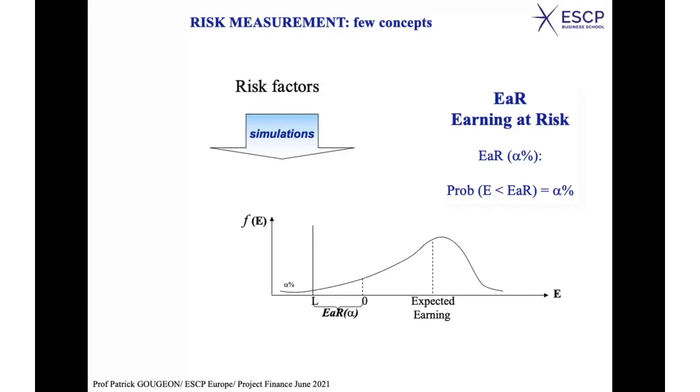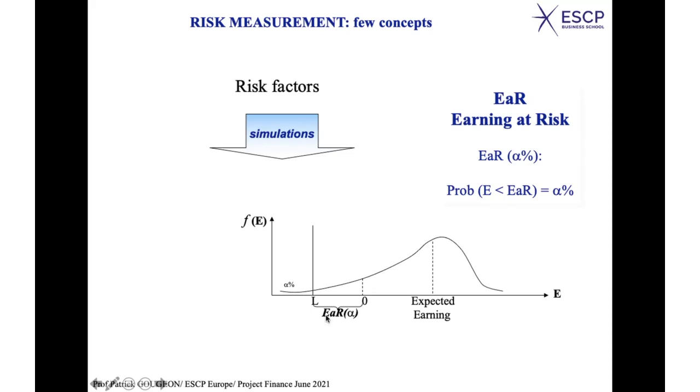Well, so you have a probability distribution with 0 somewhere, meaning that if you are on the left side of 0, you are in a loss area. You have a negative return, or a negative income. And this can be obtained from simulations, as we said. So, what is the expected earning at risk? Well, the definition is very similar.